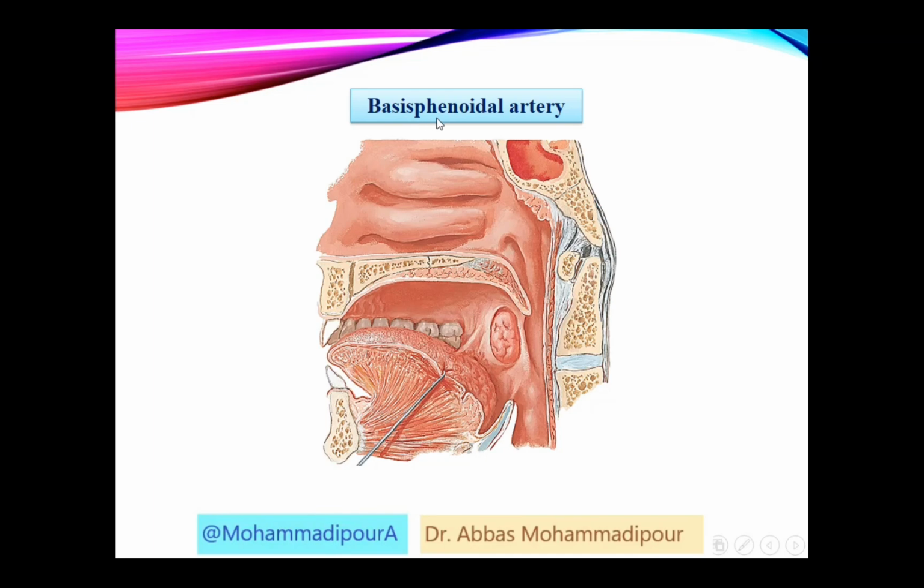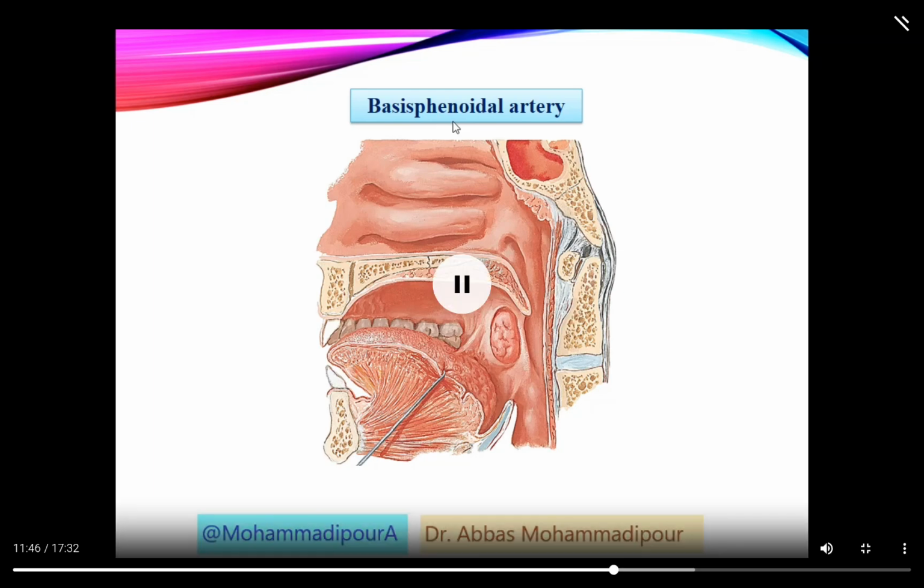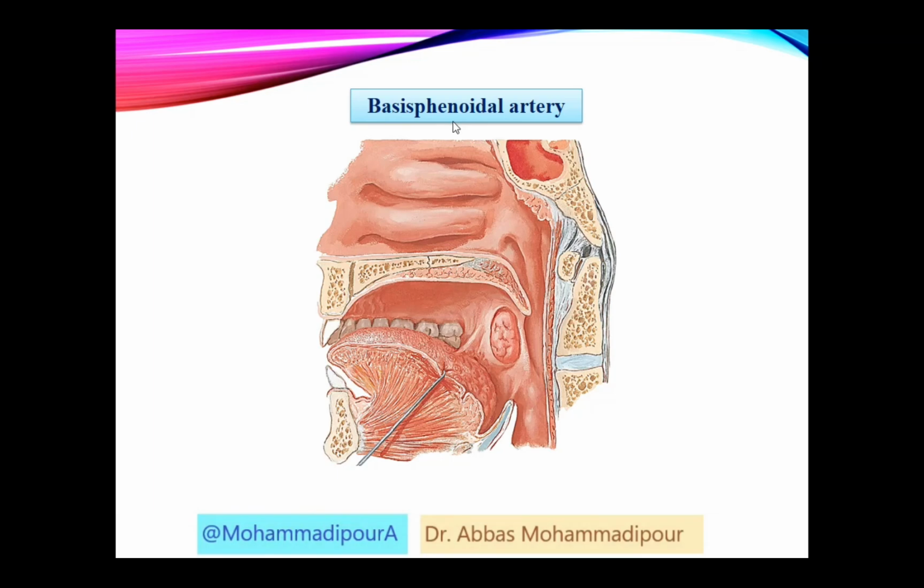This artery is a branch from the inferior hypophyseal artery and supplies the bed of the tonsil. Okay, the basisphenoidal artery clinically is important because it's a possible cause of post-adenoidectomy hemorrhage in some patients.